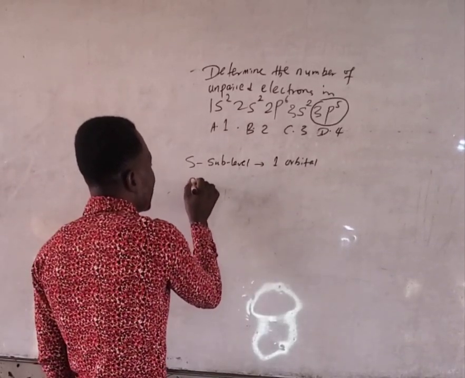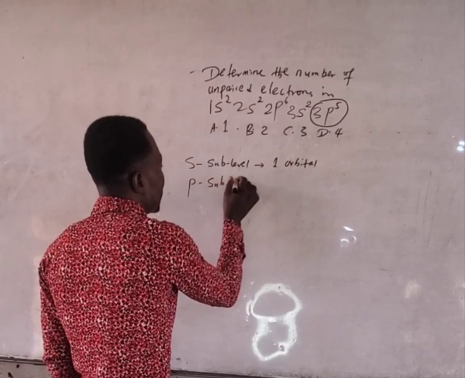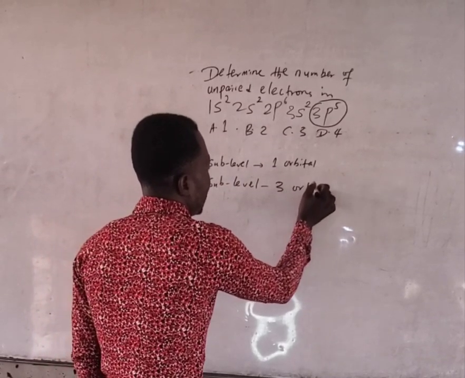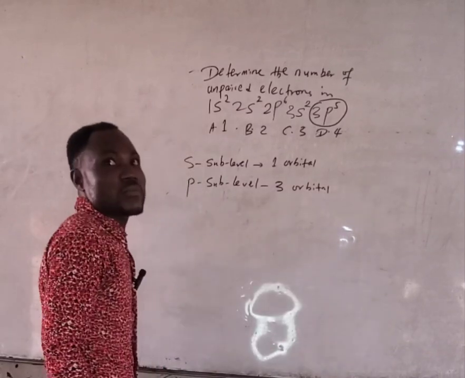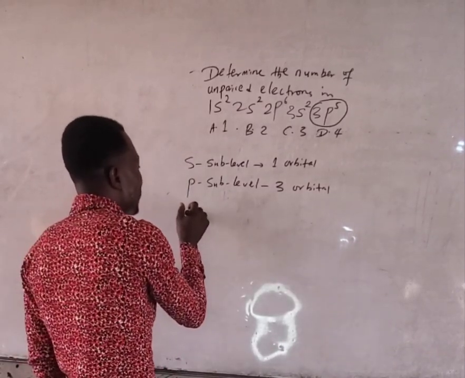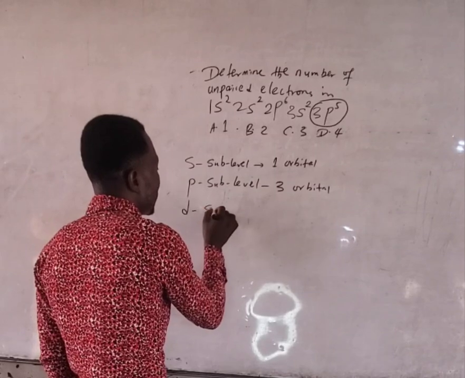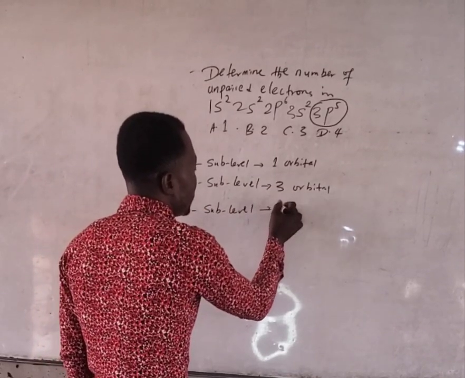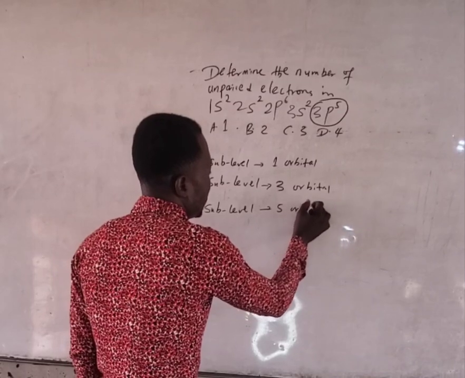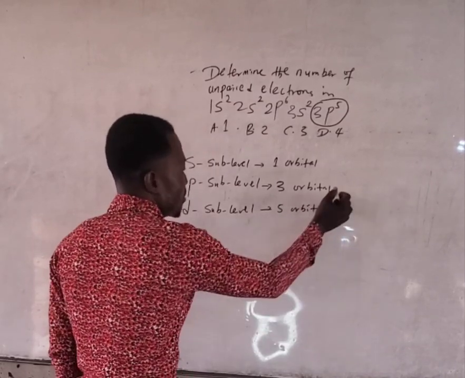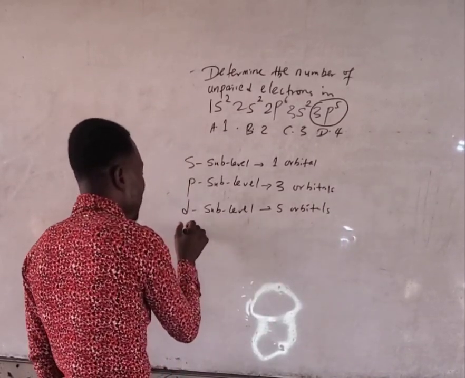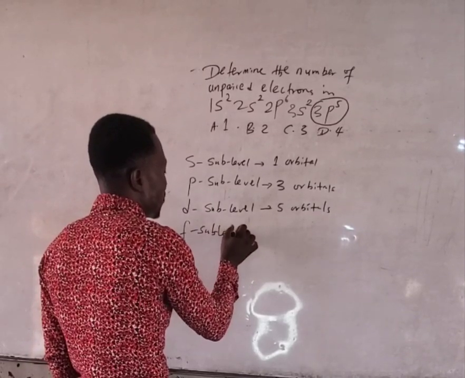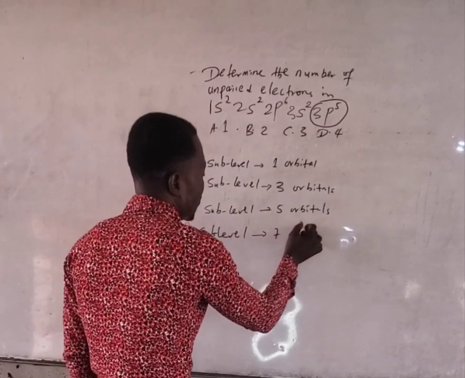The P sub-level has three orbitals. The D sub-level has 5 orbitals. Then lastly, the F sub-level has 7 orbitals.